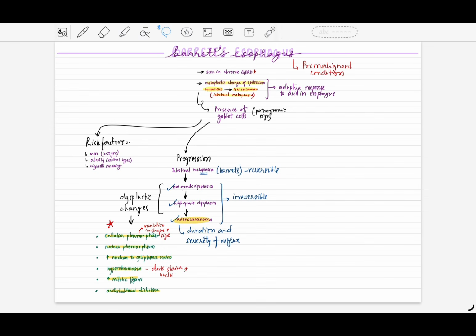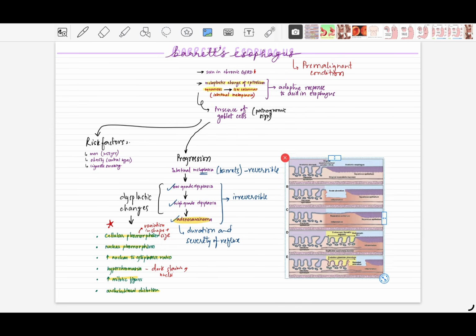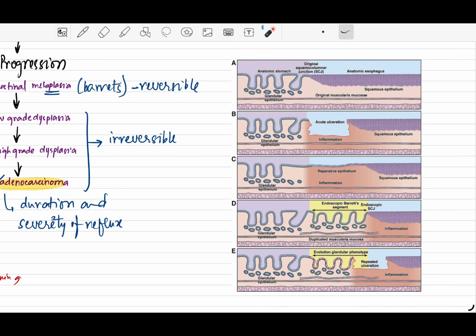Now let's look at a picture to summarize whatever we've studied so far. We can see here that the stomach is lined by glandular epithelium and the esophagus is lined by the squamous epithelium. Both the epitheliums meet in a region which is known as the squamocolumnar junction, also known as the gastroesophageal junction. When we have GERD, it leads to reflux esophagitis, if you can recall from the last video.